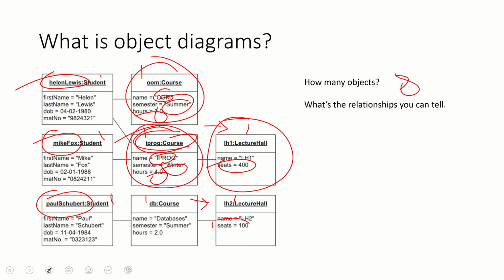Then what's the relation? The relation we can tell is student has course, and the course has a different location. Based on that, we know there are different links to help us understand the relationship between different objects in the diagram.